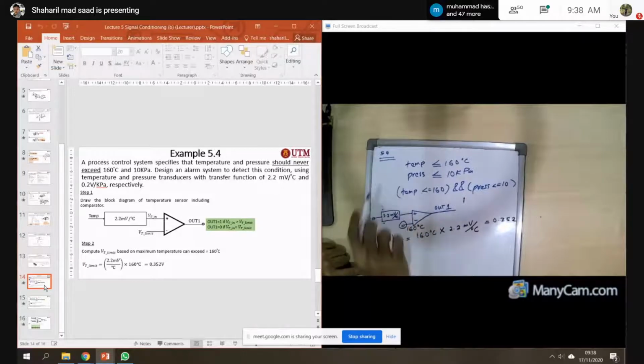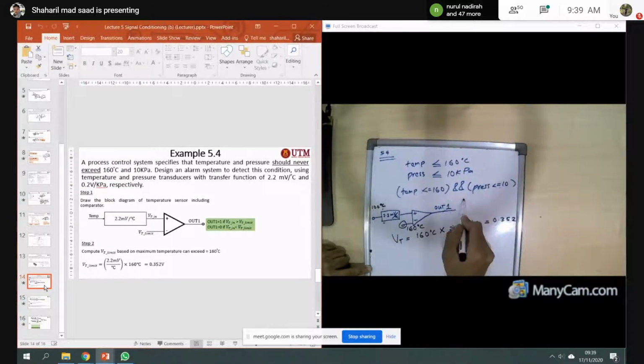And if you detect a temperature of 100 degrees, that is less than 160 degrees, so the output will be 0.